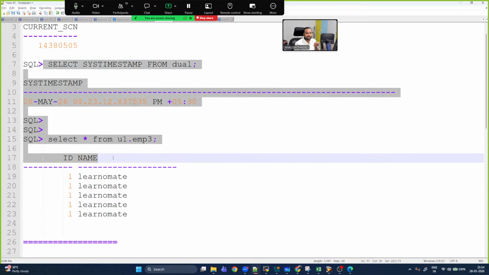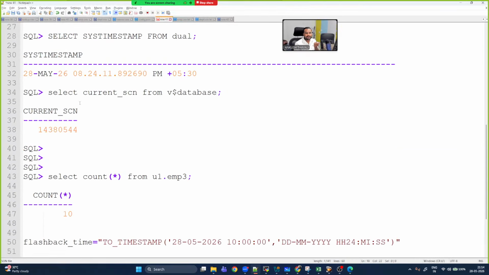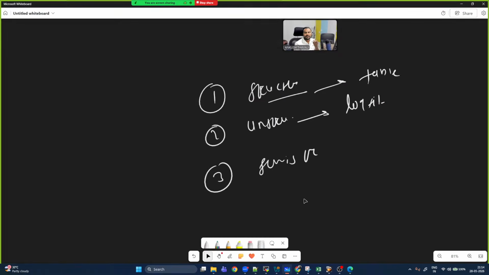Can you see rows and columns? No, nothing is there, right? That is unstructured. Semi-structured data means any data which is available in the form of XML, JSON. Some format is there, some format is not there. That is semi-structured.